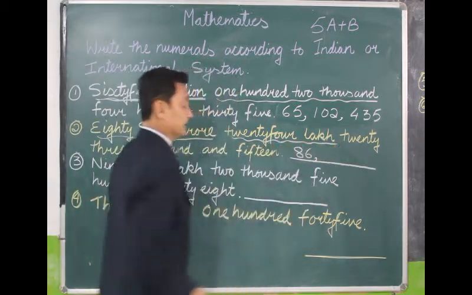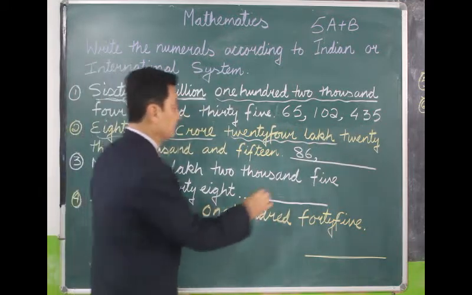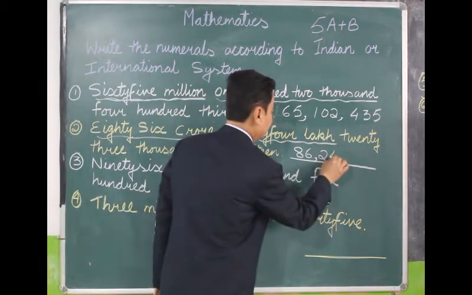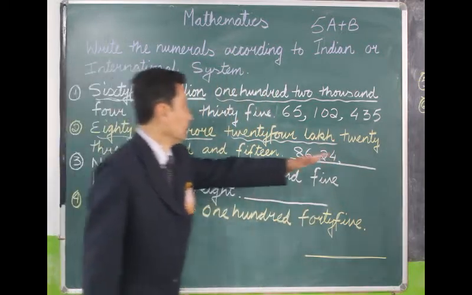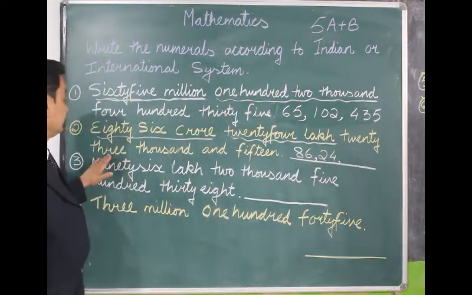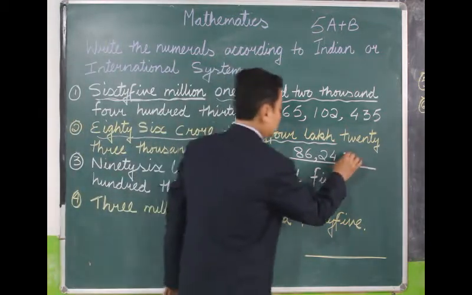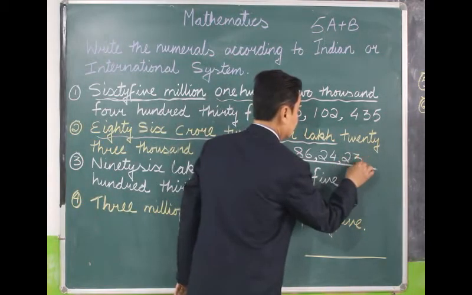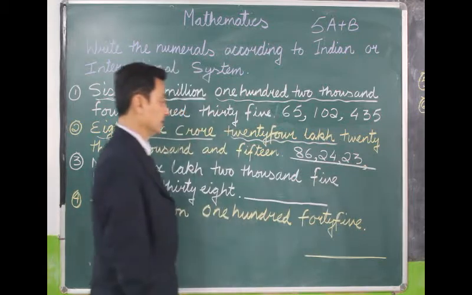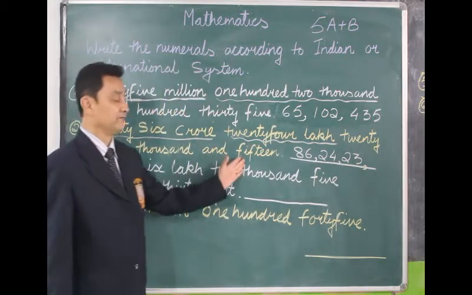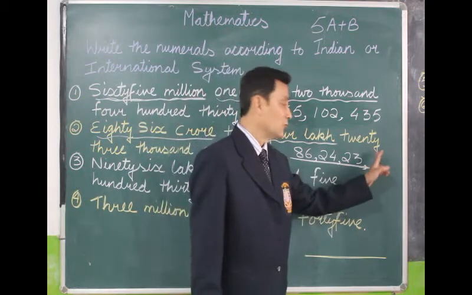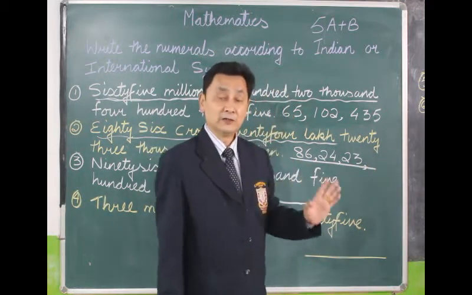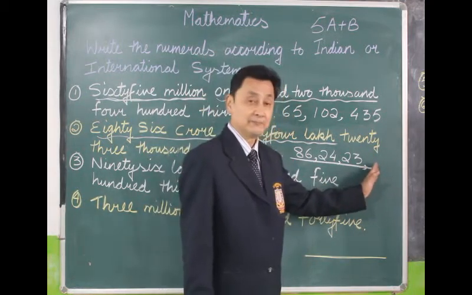24 lakh. How much? 24 lakh, comma. 23,000. Okay? And it says 15. Some of us make the mistake of writing only 2 digits. 1, 5. No. How many digits should be there at the beginning?